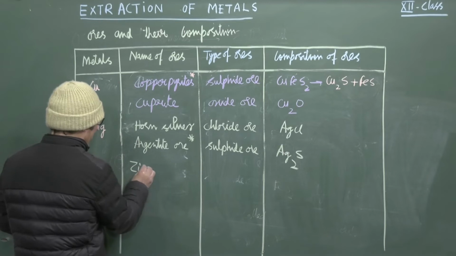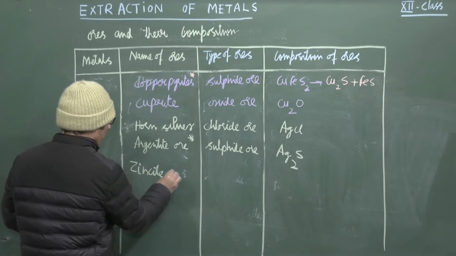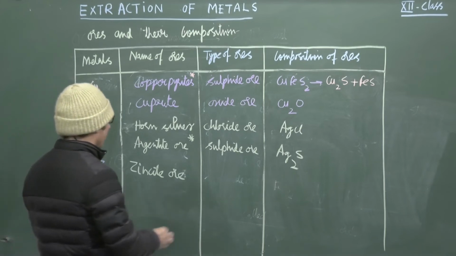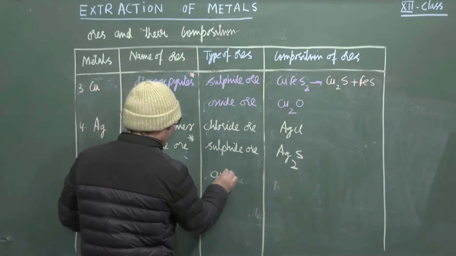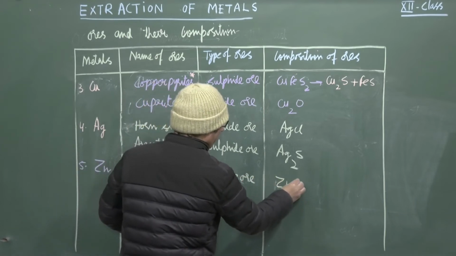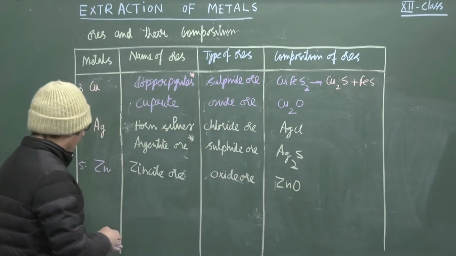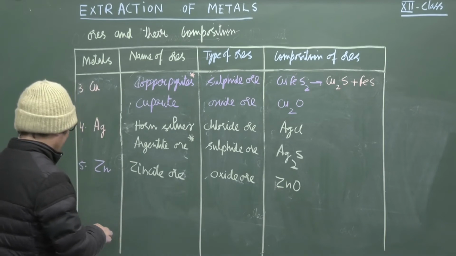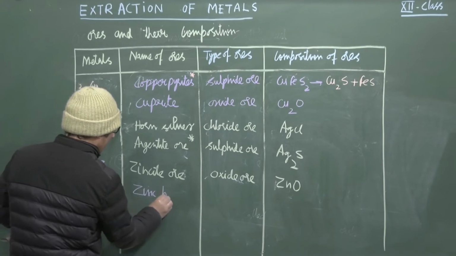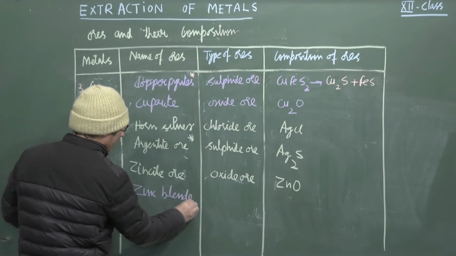Its principal ores: one is the zincite ore, where zinc is present as oxide. This is an oxide ore, ZnO. Another one is called zinc blende.